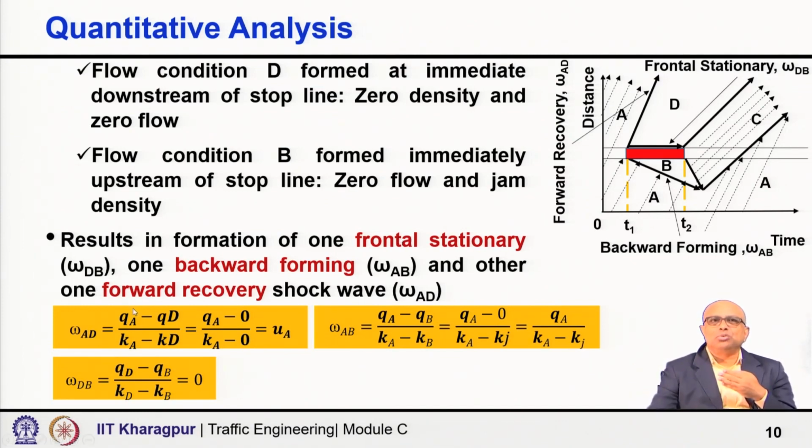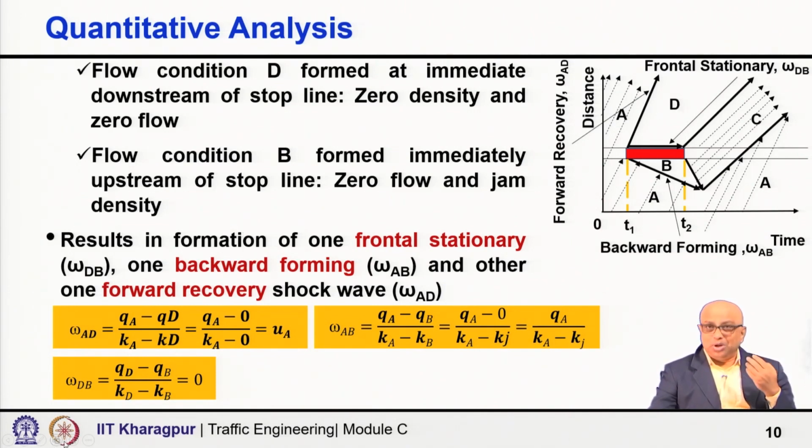And the other one is a forward recovery shock wave, W_AD, between traffic state A and traffic state D. So, that is the thing.